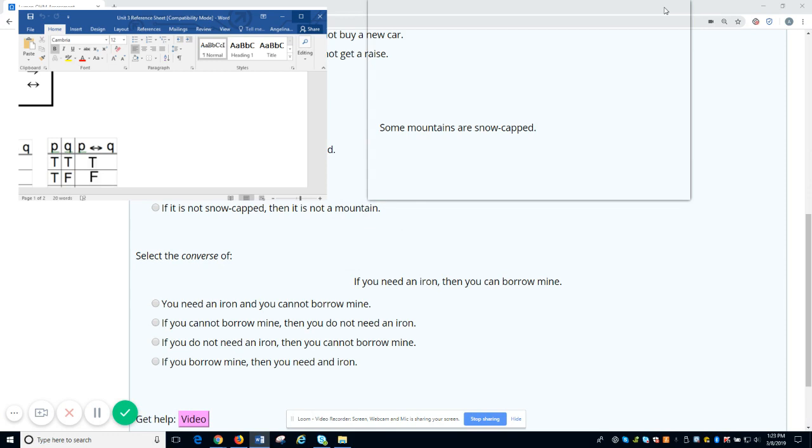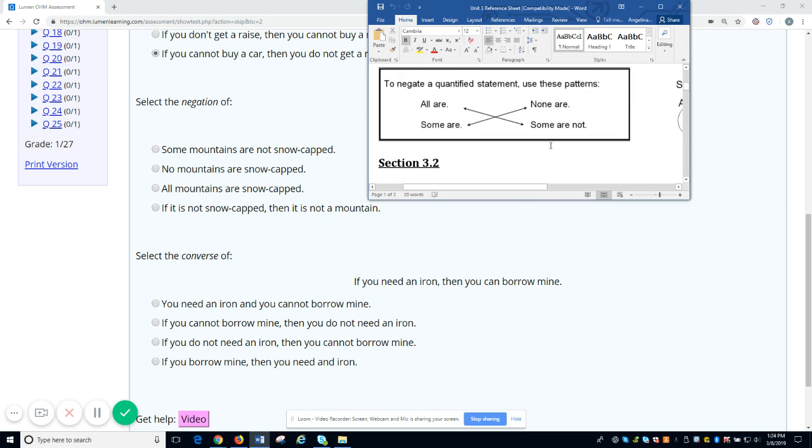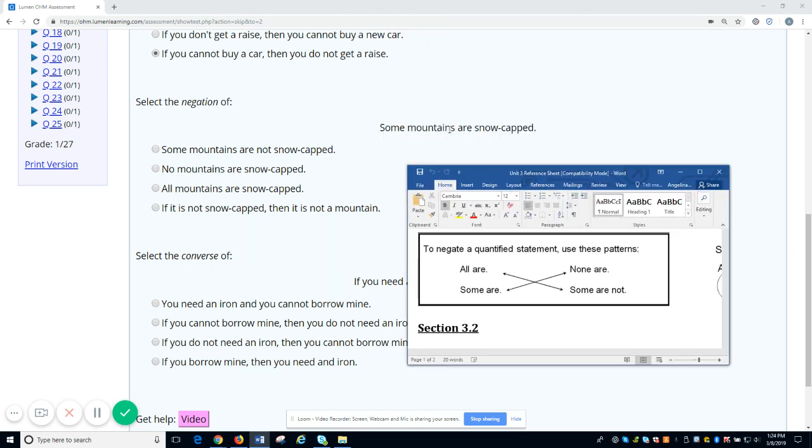The rule for that is at the very top. To negate quantified statements, we use the following pattern. If my statement is "some mountains are snow-capped," it's of the form "some are," which is negated as "none are." So: no mountains are snow-capped.